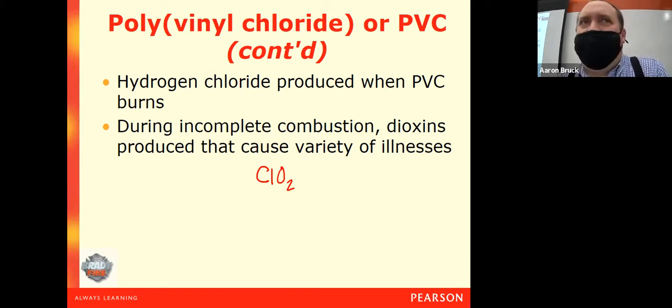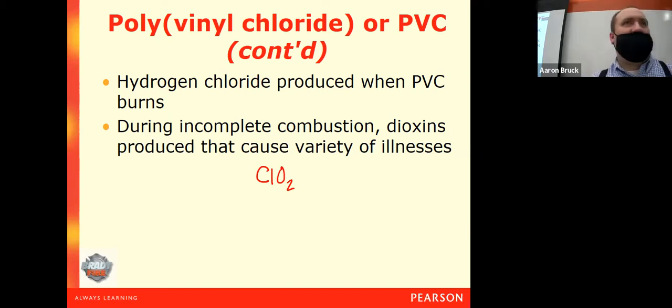Dioxins are highly reactive chlorine compounds. And if you breathe in dioxins, which would be a really common circumstance, that high reactivity ends up making its way into your respiratory system, your circulatory system, and can cause you a lot of pain and potentially disease and illness depending upon exposure and duration and all those other things that we talked about in the toxins chapter.